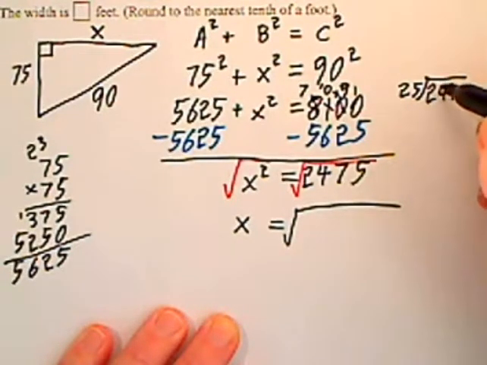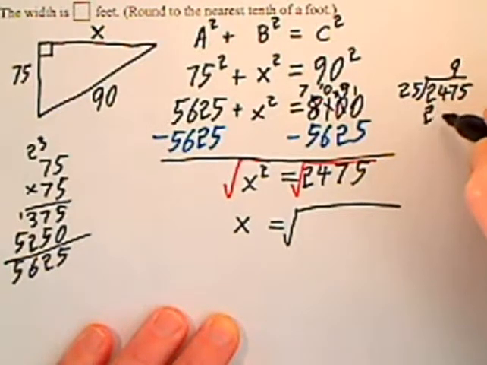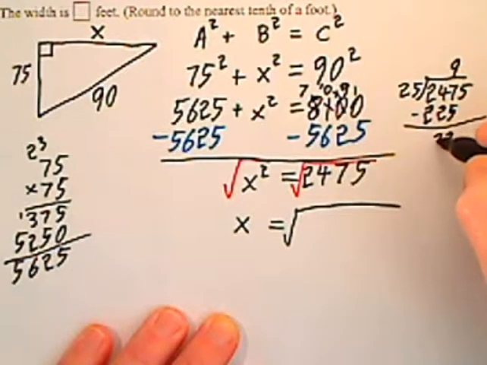If I go 9 times, that'll be 225, with 22 left over.